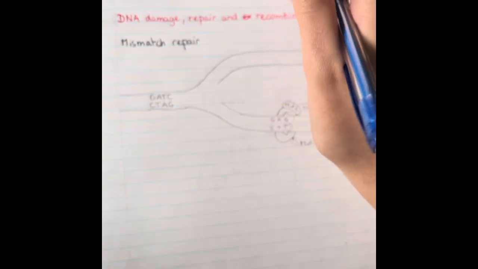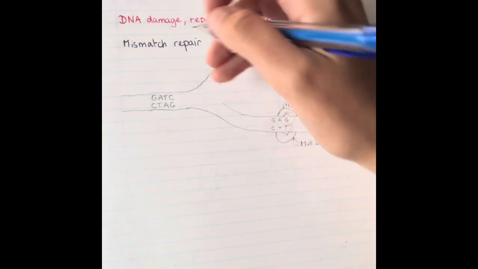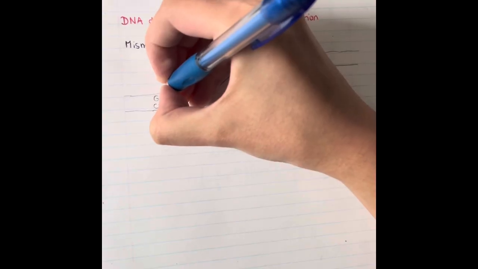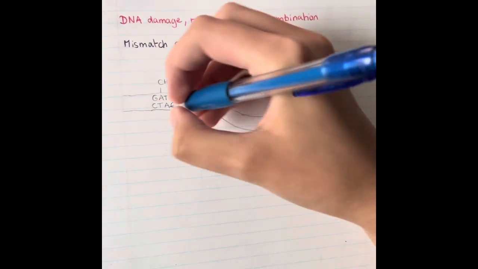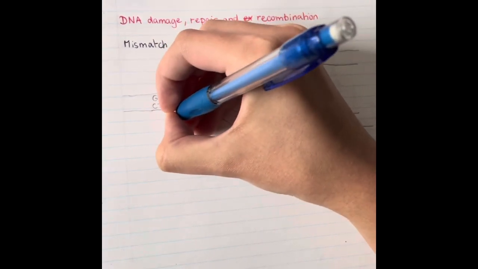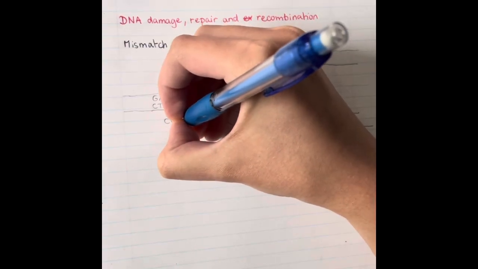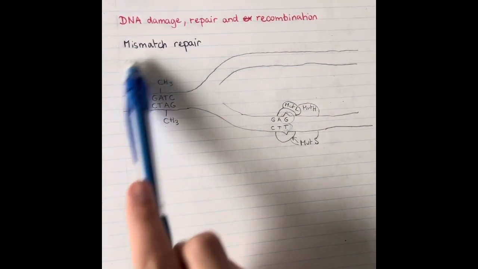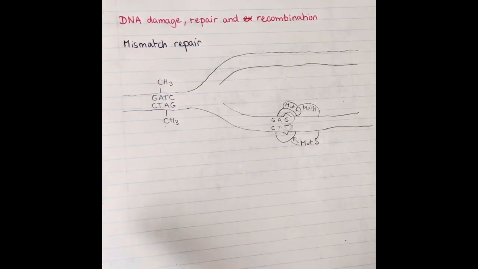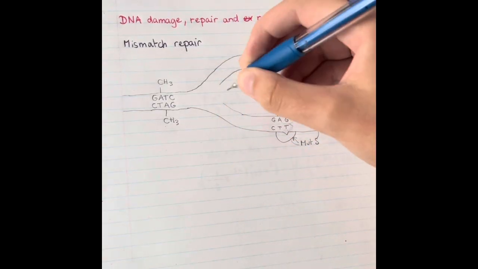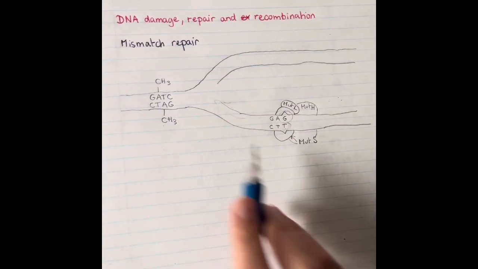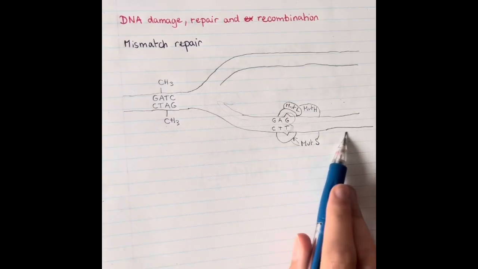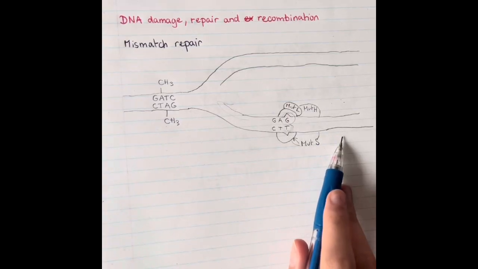It's a palindrome, that's what it's called. And this adenine here is methylated, which just means that there's a methyl group on it, and this one is too. So this is specific to DNA that is fully replicated, because while the daughter strand is being replicated, it is not being methylated. But since this one is the parental one, it has already been methylated.